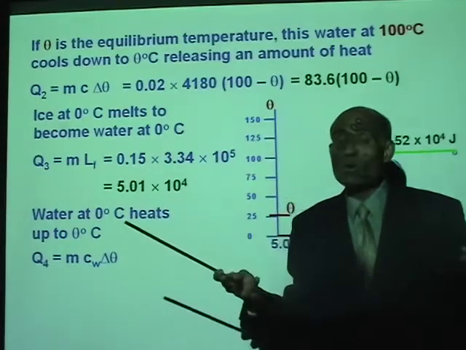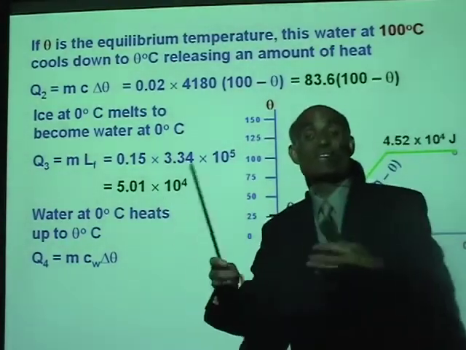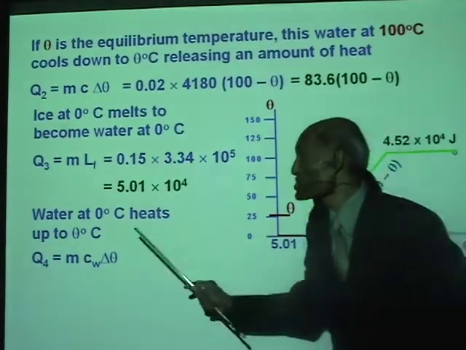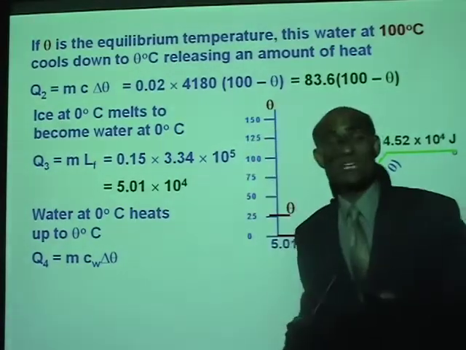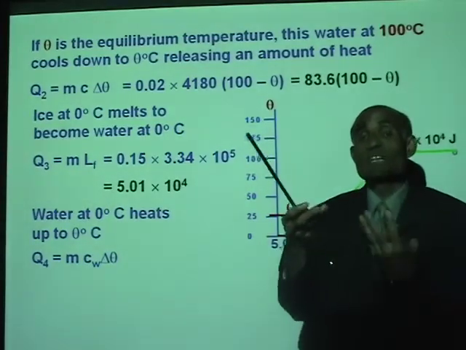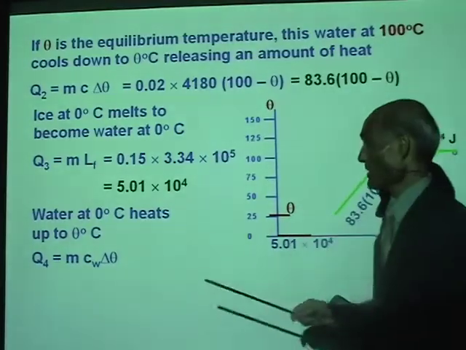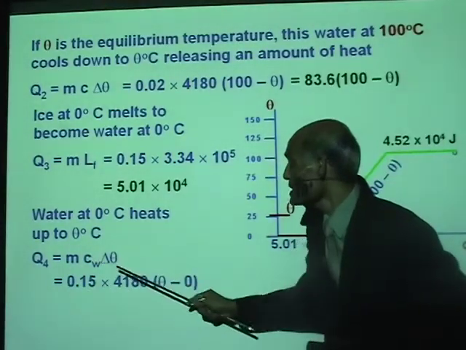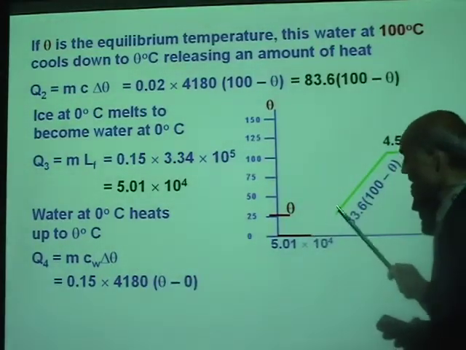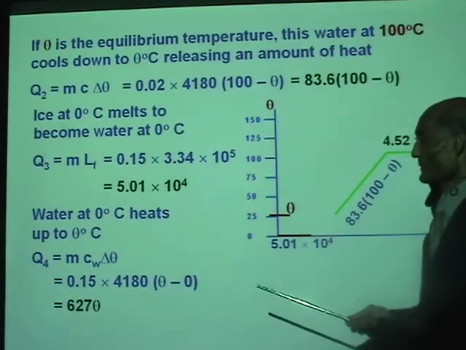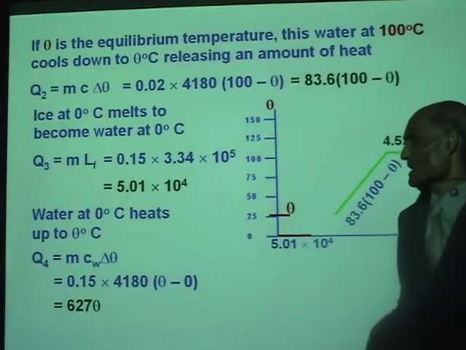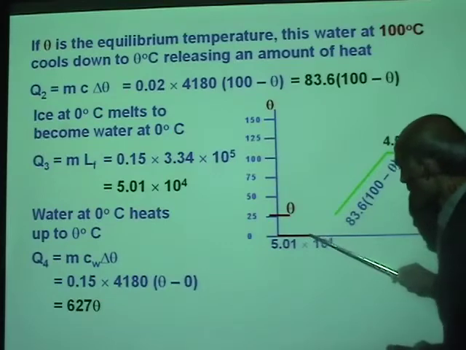I hope by now you know when to use mc delta theta, when to use mass times latent heat. When there is a change in temperature, it is mc delta theta. When there is no change in temperature during a change of state, it is mass times latent heat. Alright, we know the mass, we know the specific heat of water, and the change in temperature from 0 to theta is theta minus 0. And that's equal to 627 theta. Is that right? Yes. So it will be this part.